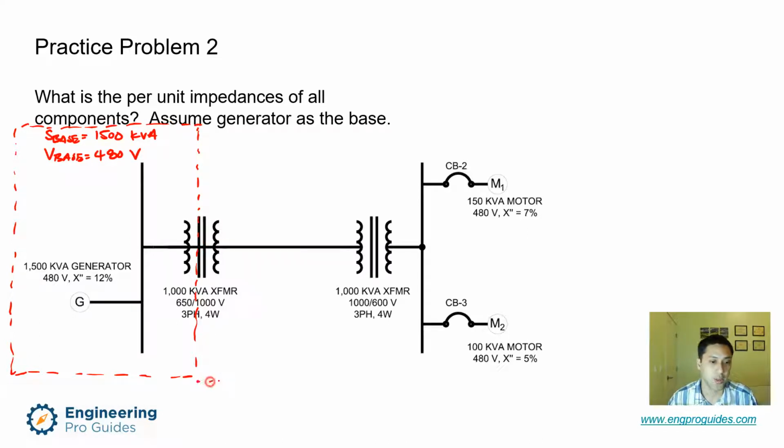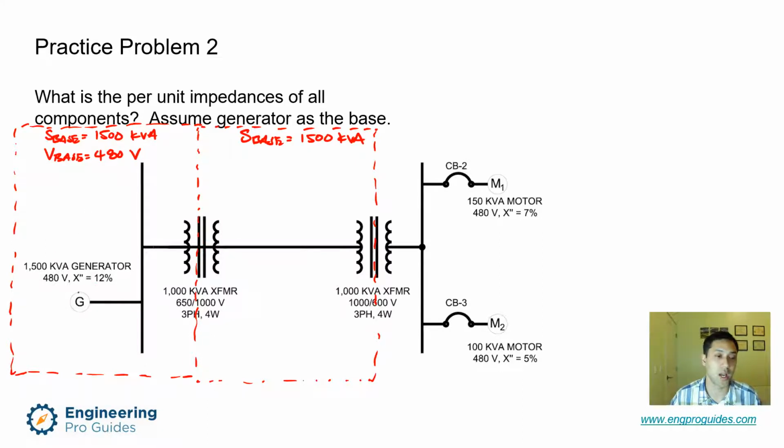And then I'm going to go to the secondary side of that transformer, which is also the primary of the second transformer. So power bases are going to be the same in each voltage zone. So S base is equal to 1500 kVA, and then V base, we have to transform it over.